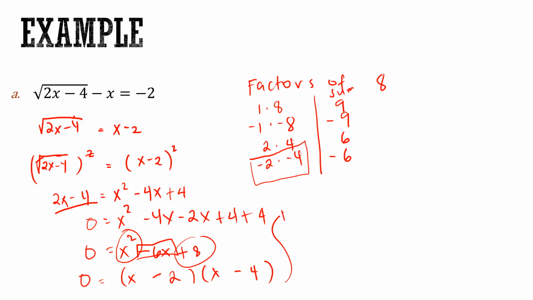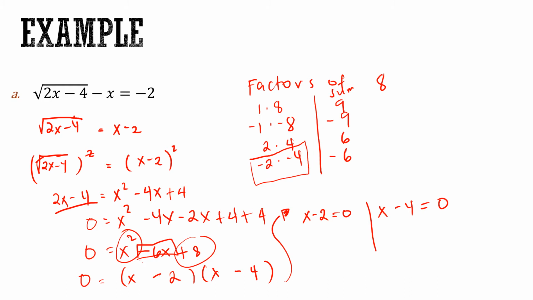After identifying, we can now proceed to the next step by equating both factors to 0. So we can write this as x minus 2 equals 0, and the other one is x minus 4 equals 0. So we need to move negative 2 to the other side of the equation because we only want to find the value of x.